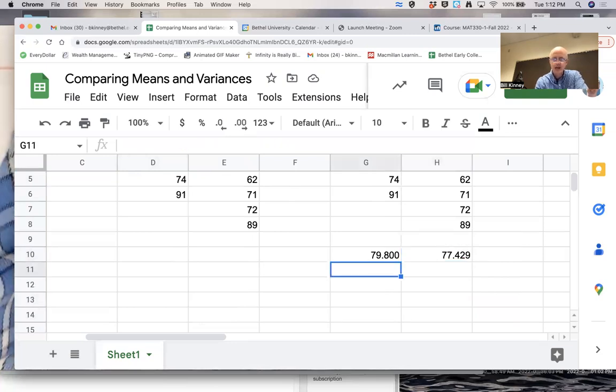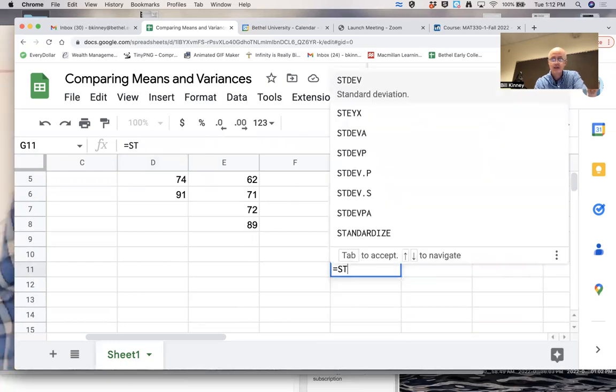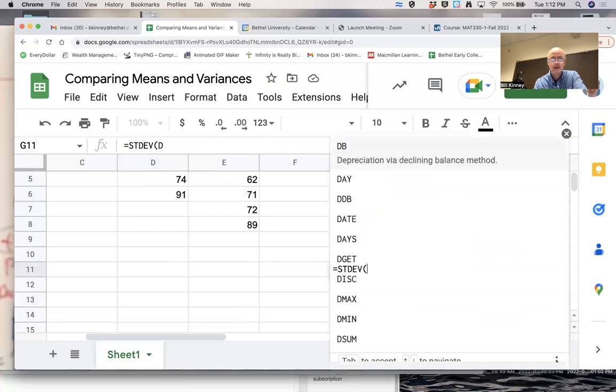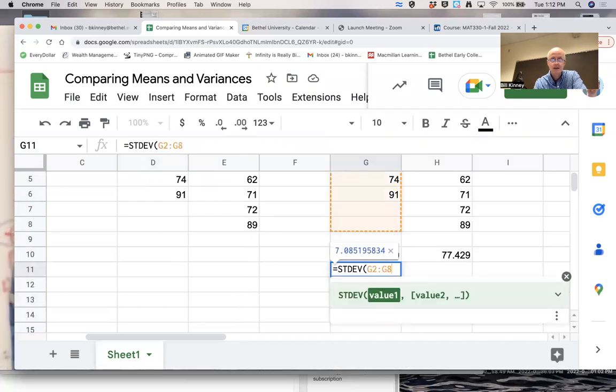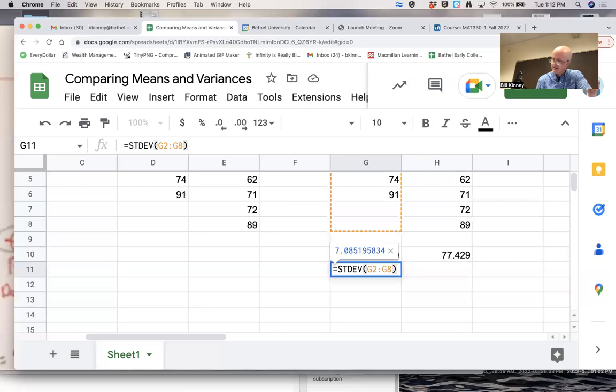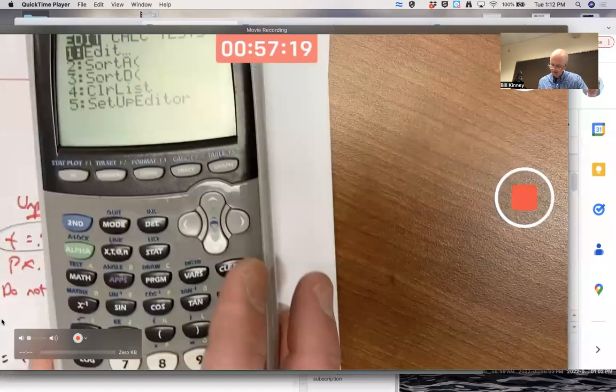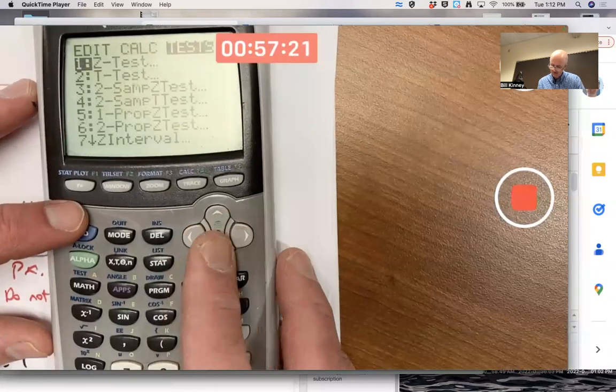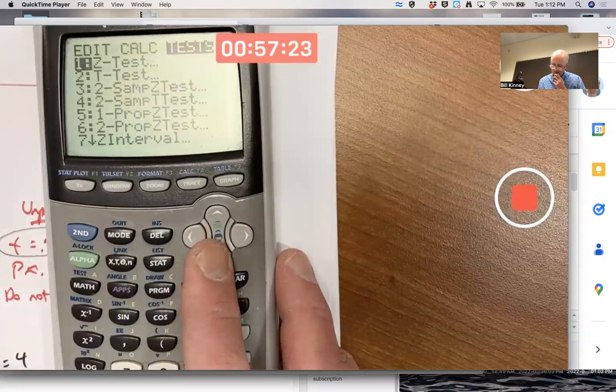What are the standard deviations? What's S1? Equals STDEV. 7.085. Is that what we got in the calculator? Let's double check that. We could do either the t-test or the interval.